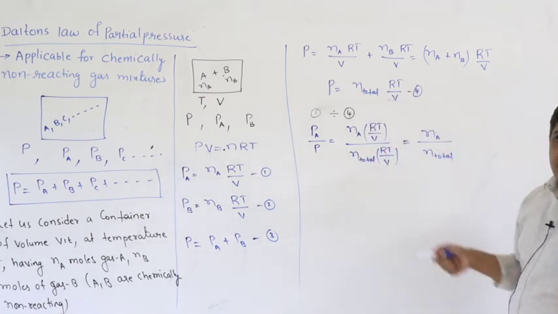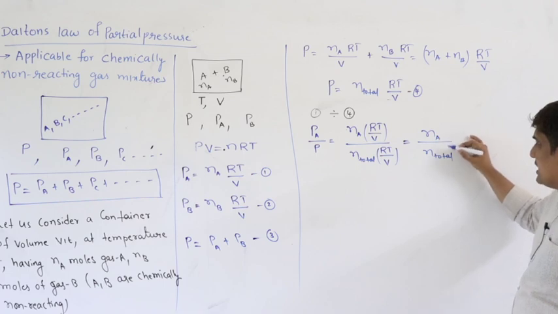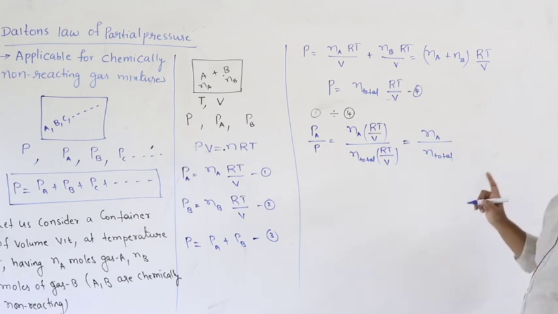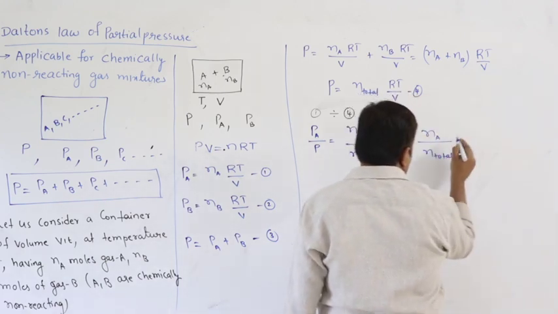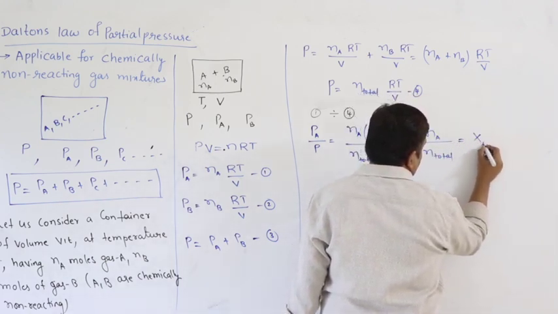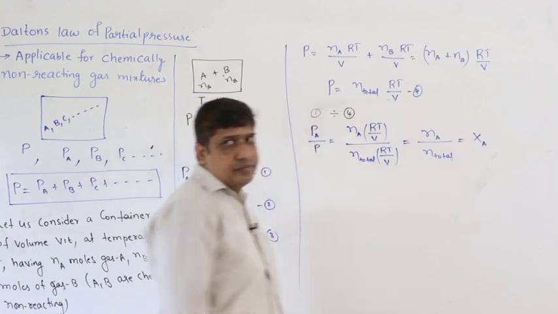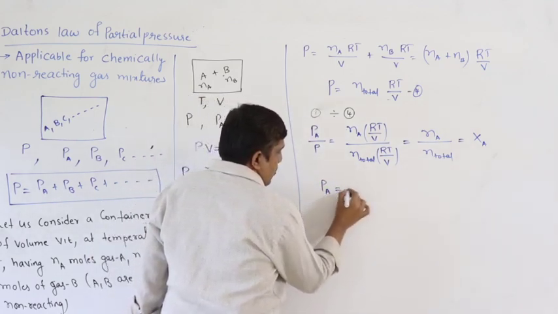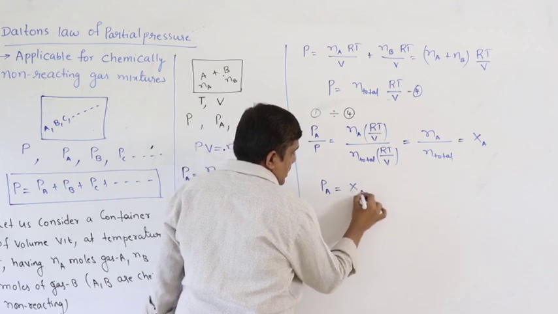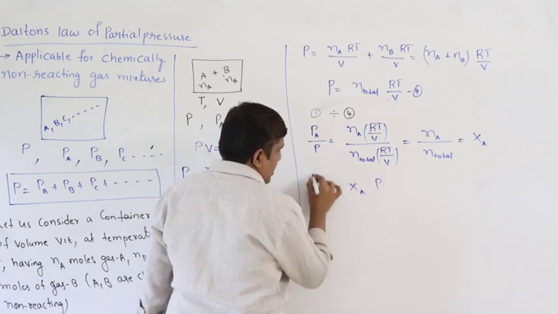I can cancel RT by V, so what is left over is Na by N total, the number of moles of gas A by the total number of moles. This is nothing but the mole fraction of A, XA. So cross multiplying, we get Pa equal to XA into P.